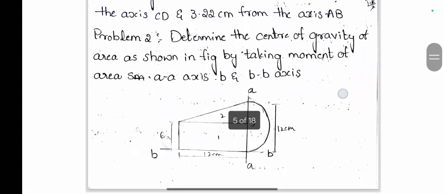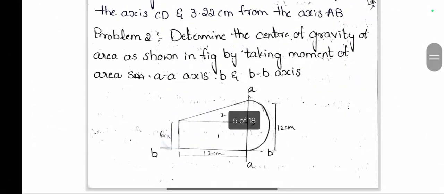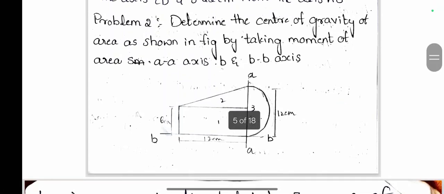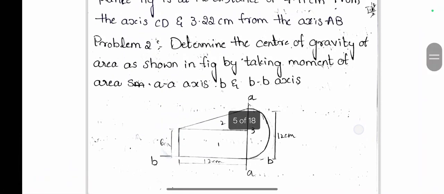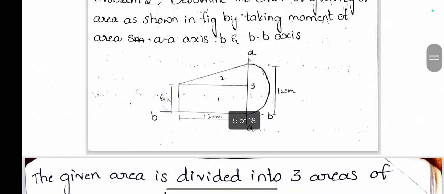So let us continue with the second problem. Here, the reference axes are already determined by the questioner. So determine the center of gravity as shown in the figure by taking the moment of area about the AA axis and BB axis. So the reference axes are already fixed.